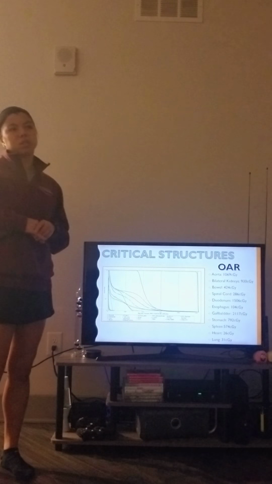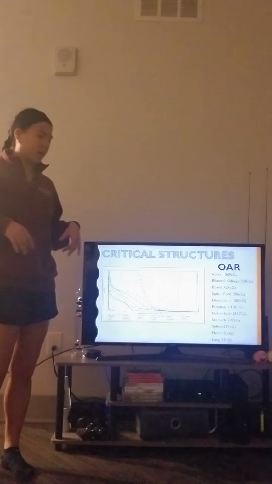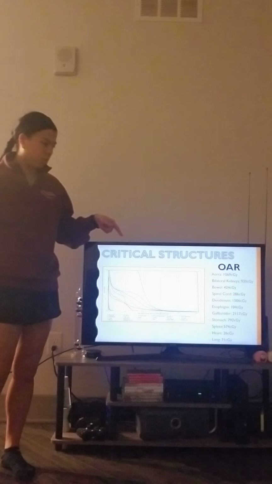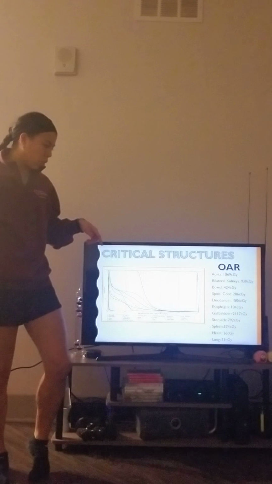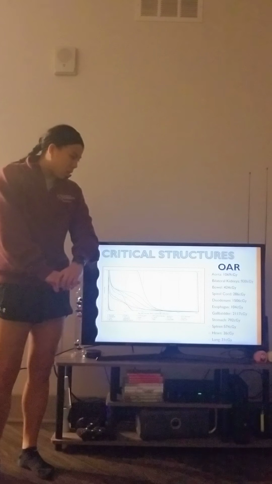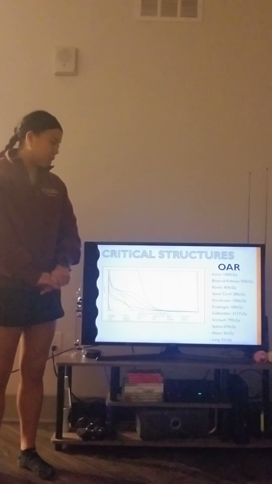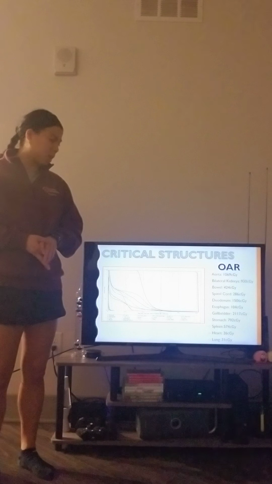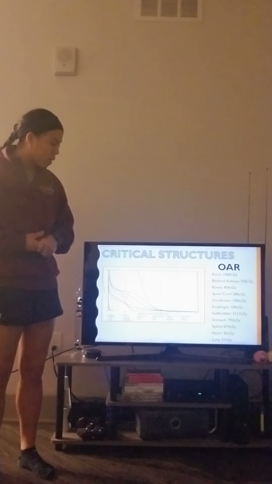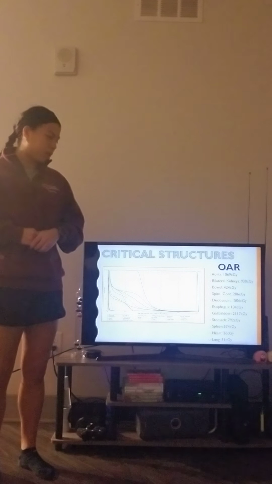As I said earlier, the pancreas is located by a lot of organs, so he had a lot of OAR. One of the biggest was his aorta, receiving about 1,069 centigray. Both kidneys received about 930 centigray. His bowel received 424 centigray. Spinal cord, 286 centigray.